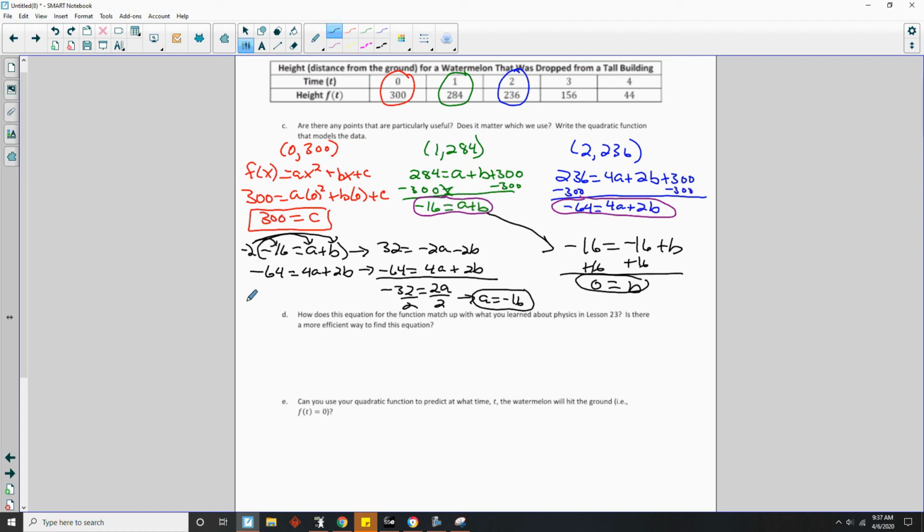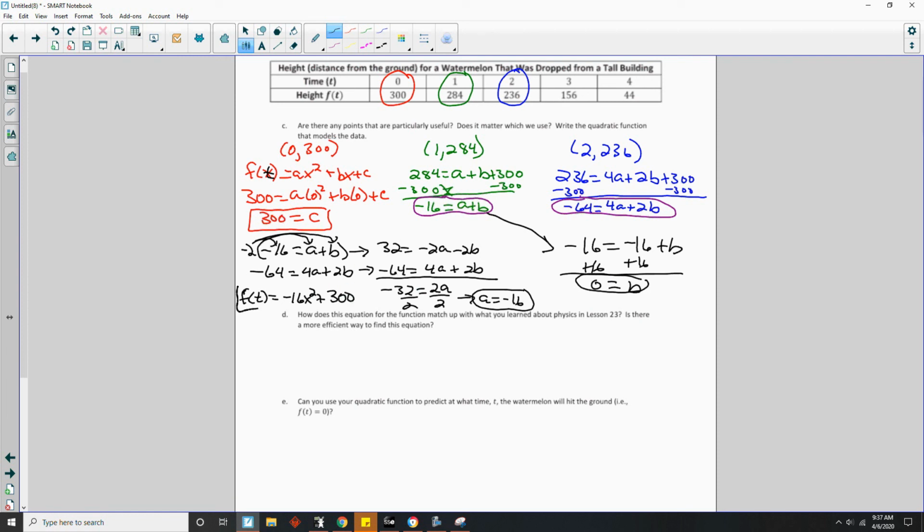So my equation is now going to be, oh, by the way, it's t, so I shouldn't be using f of x, it should be f of t. So it's f of t equals a x squared plus b x, 0x goes away, plus c, which is 300.